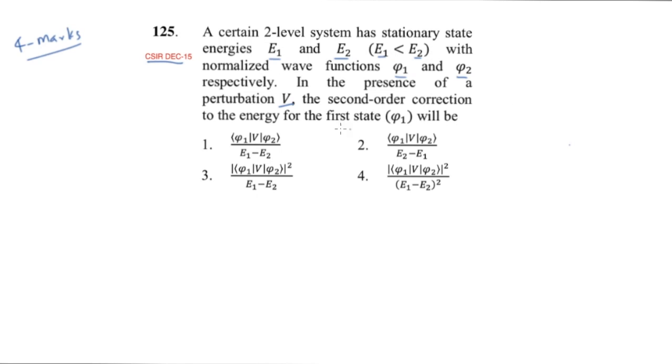The second order correction to the energy of the first state, you have to tell for the first state. So I'm just going to write down the energy term which we have just studied.